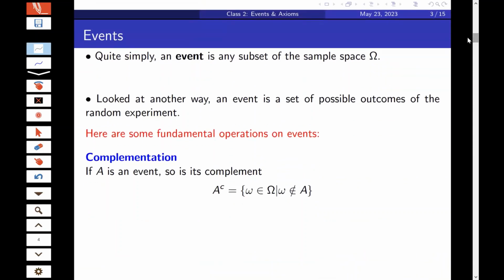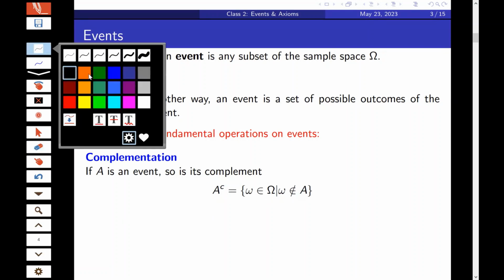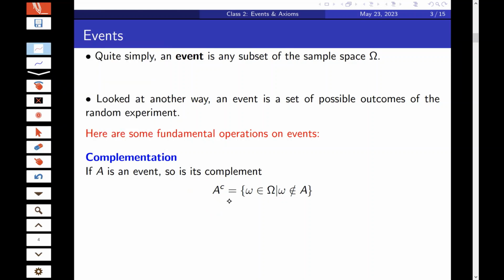Now, after defining events, we should consider some fundamental operations on events. The first operation is the complement of an event. The complement of an event is the values that are not in A. This is how we can mathematically define the complement of any event A, but you don't need to memorize this one.